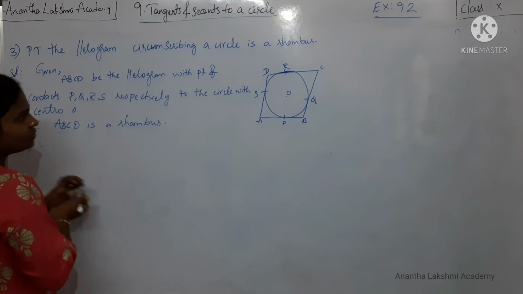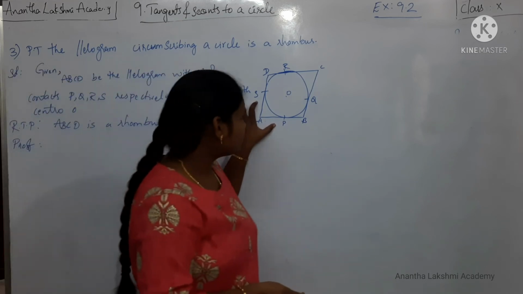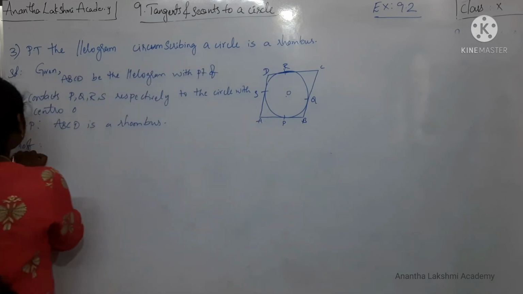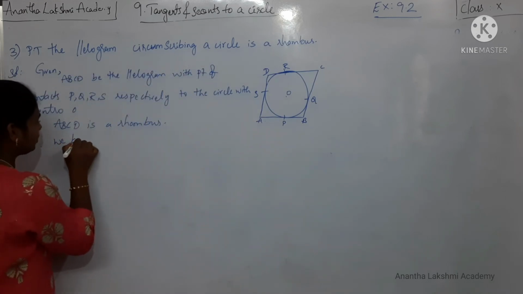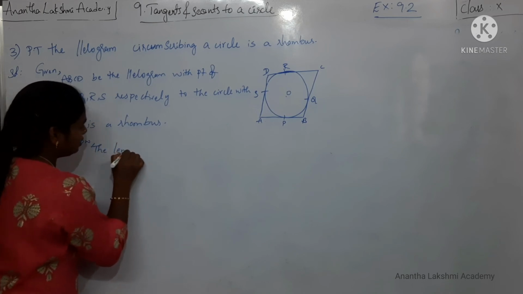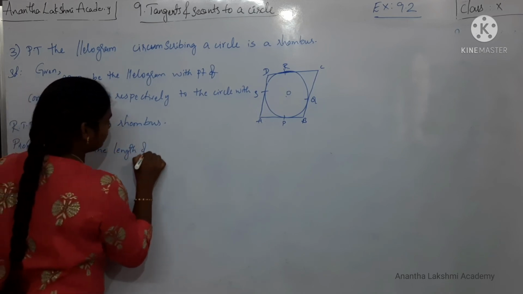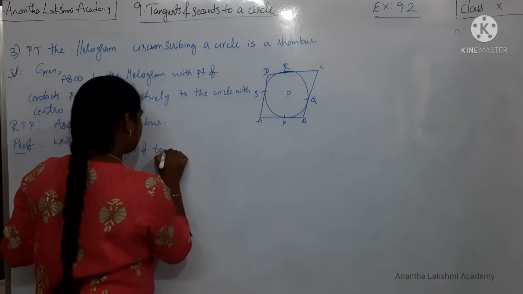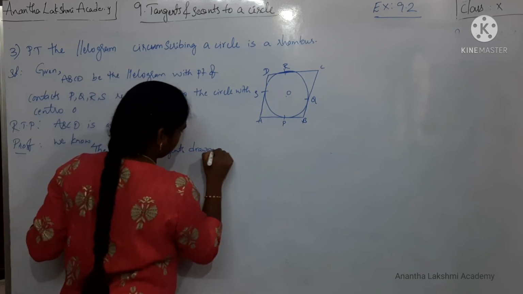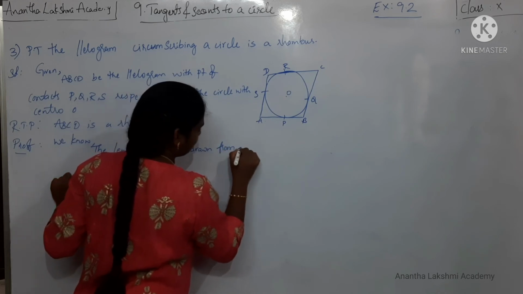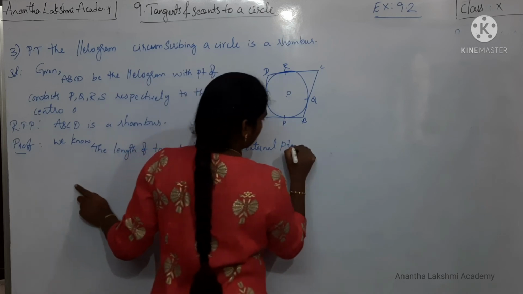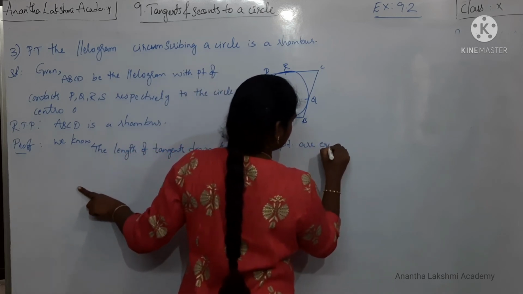Here what we are going to use is that the lengths of the two tangents drawn from an external point are equal. We know the length of tangents drawn from an external point are equal.